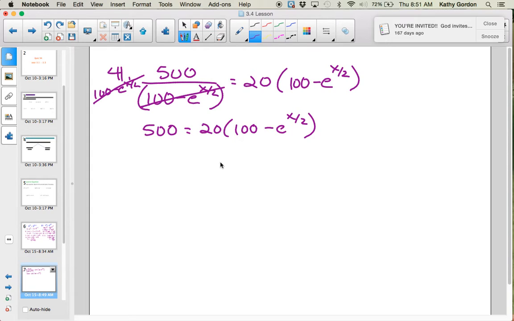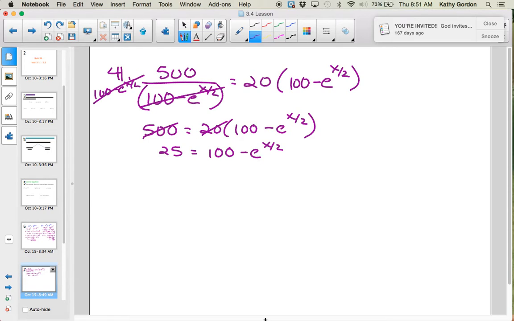The other option would be to distribute the 20 and then work from there. So if I divide both sides by 20, 500 becomes what? 25. Okay, now what?